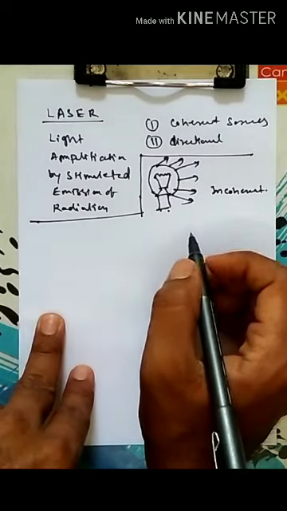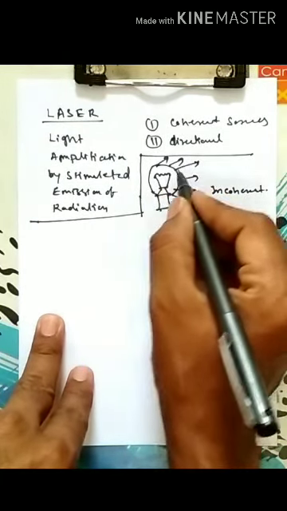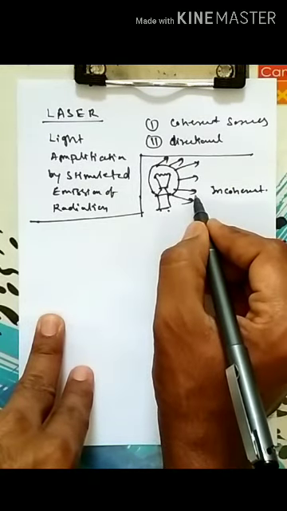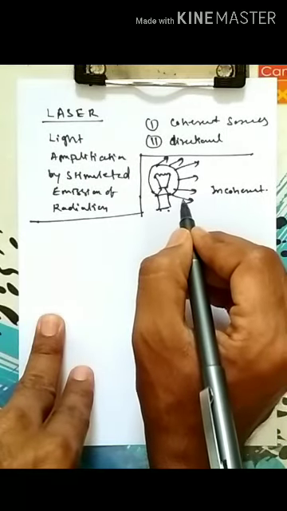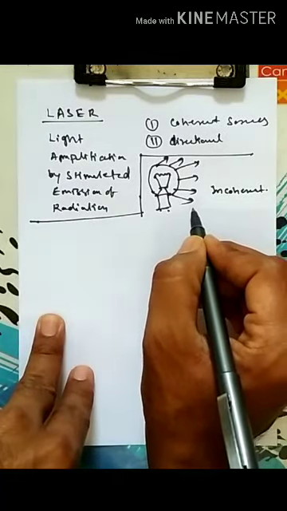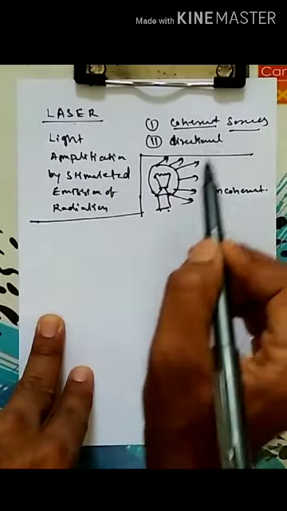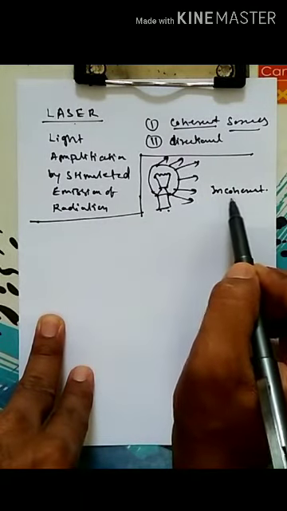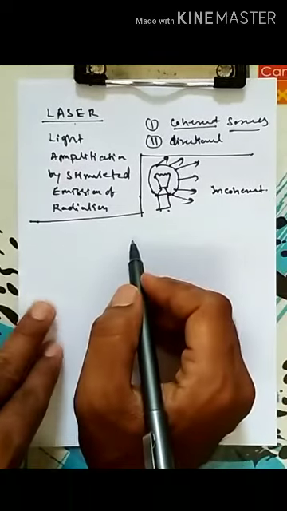It is incoherent because the direction of each radiation emitted from an atom is different, and no phase difference is maintained. In a laser we need a coherent source, but this light is not coherent, so that is why it is incoherent. So why do we need coherence?